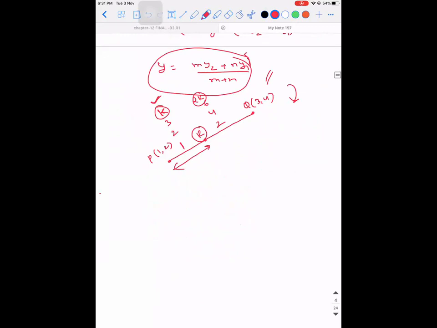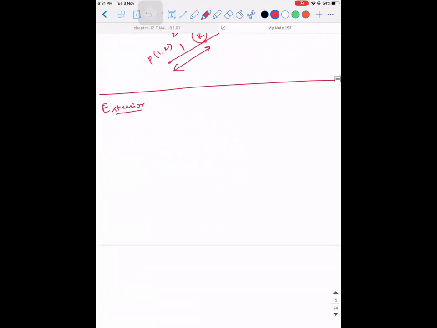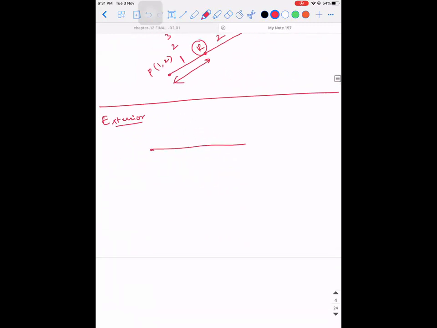Sometimes what will happen is, if it is an exterior point, it is like this. If I take this as P and Q, and I take R as an exterior point, from P to R, if I say this distance is M, this is N. This is X1, Y1, X2, Y2.